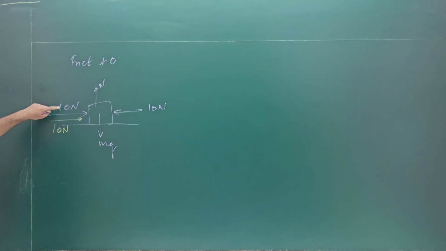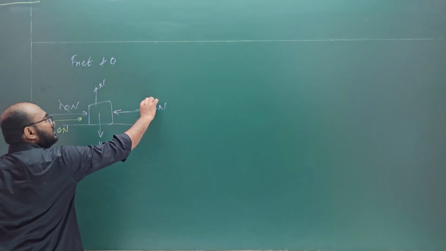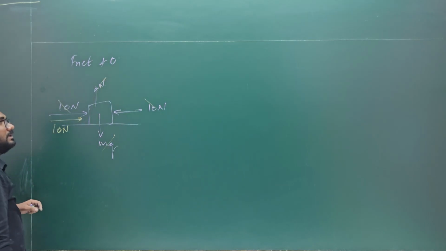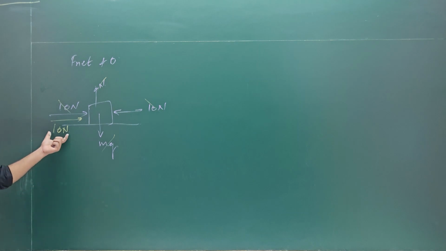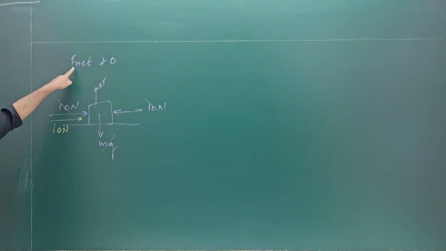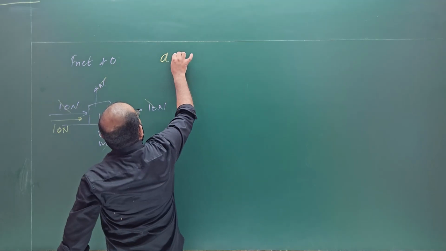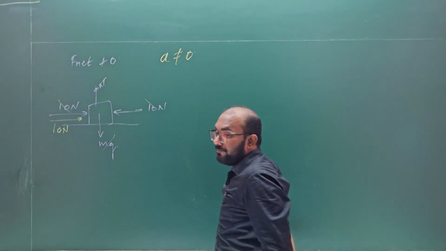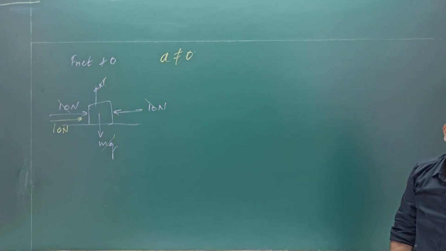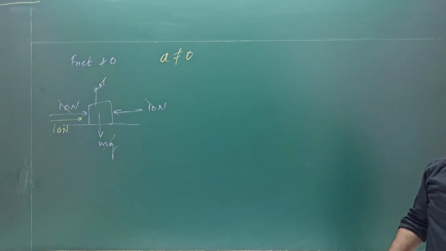No. This 10 Newton and this 10 Newton, this normal and this mg will cancel out each other. The only thing left out is this 10 Newton. So this 10 Newton is moving. Now whenever you will be finding F net is not equal to 0, then and only then you will be finding acceleration is also not equal to 0.